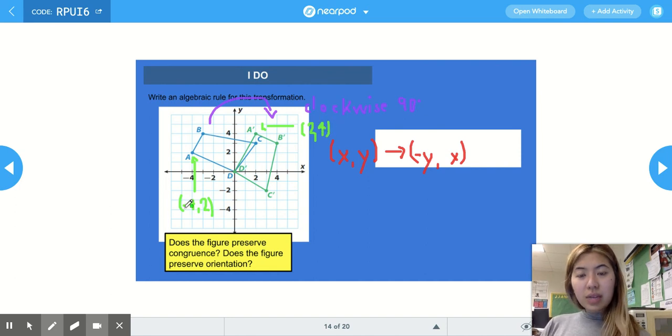So as you can see from the original point to the reflected point, we switch the numbers around, and what was once a negative number becomes a positive number. So over here, we have -4, 2.